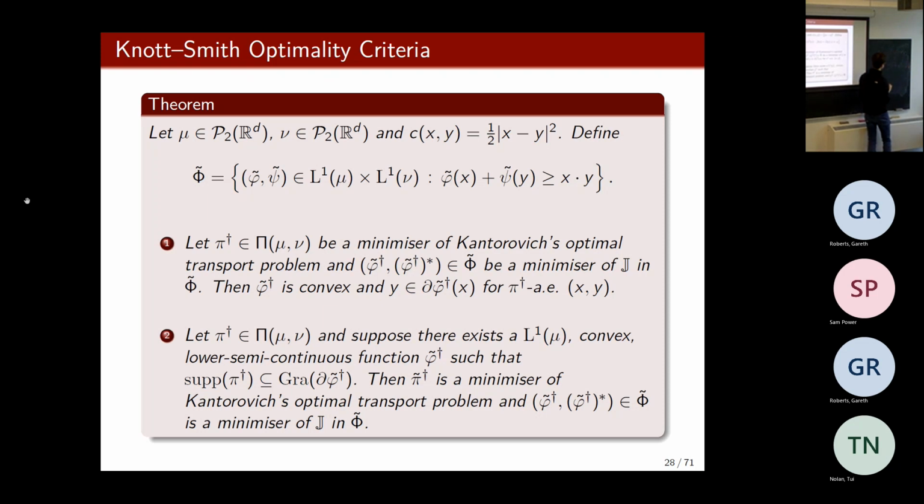Phi tilde here is then half of y squared minus xy, minus phi x.